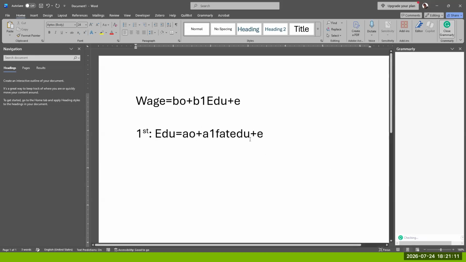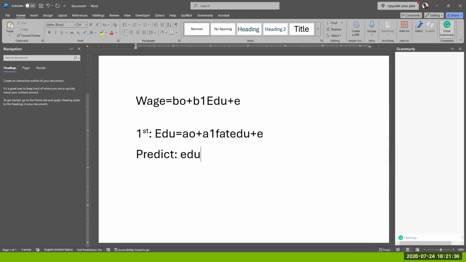this alpha. Once you have estimated the effect of father's education on the child's education, you need to predict this, which we call the Y hat in Stata and all that. So here you predict education.